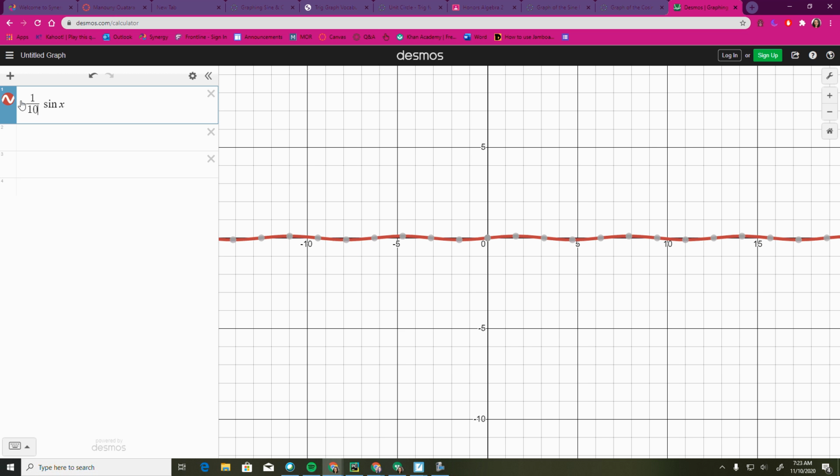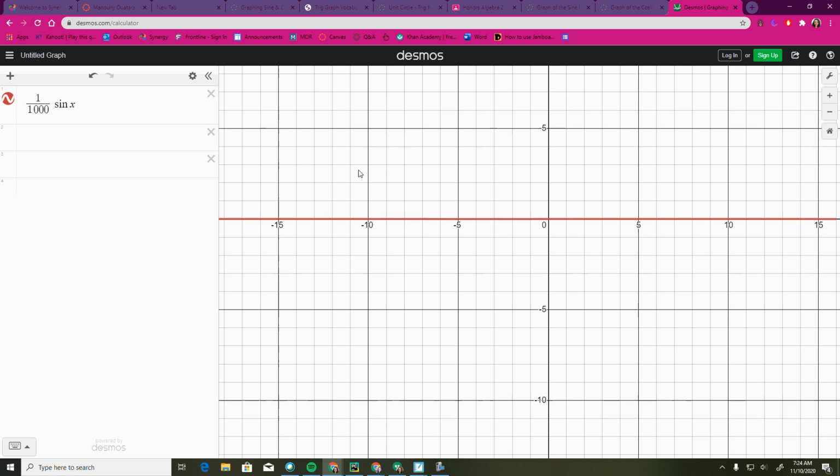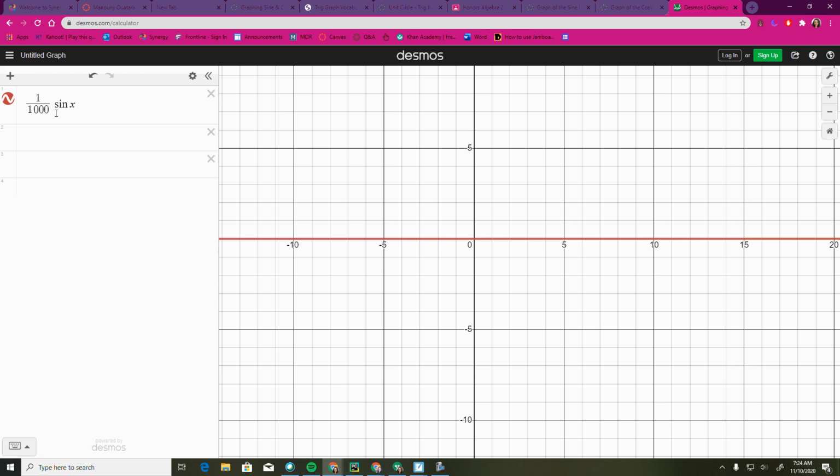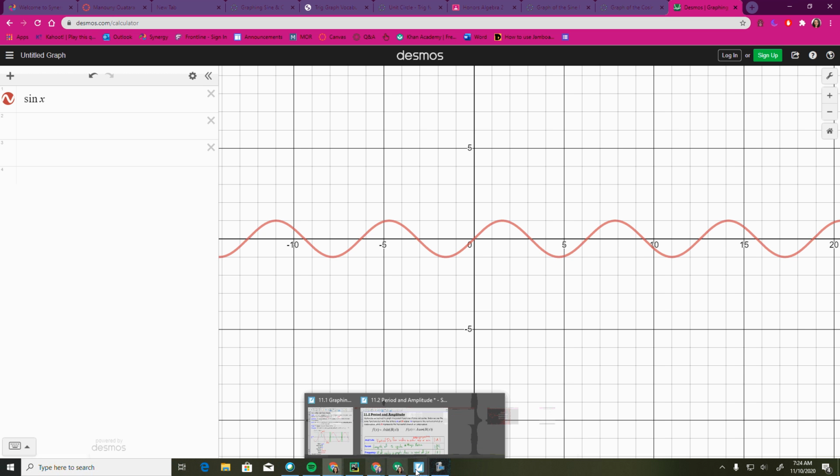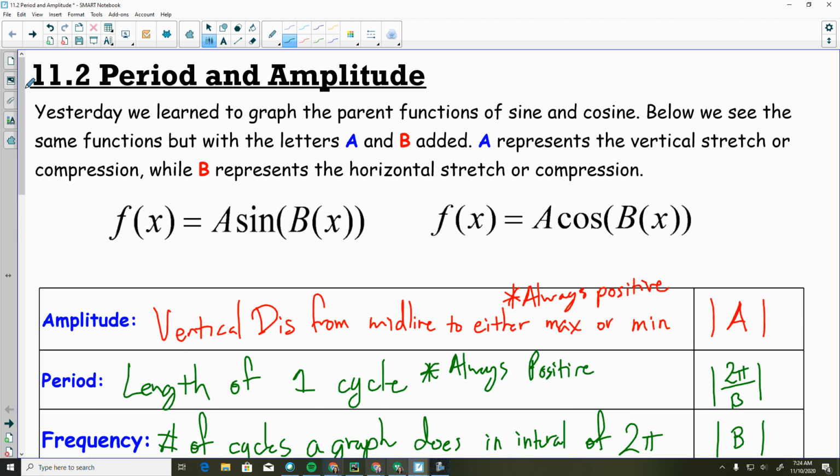Like if we put in a really tiny fraction, like 1/1000, it almost looks like a straight line, like it just flatlines completely. It becomes so compressed. Same thing happens with cosine if we were to dive a little bit closer into cosine as well and add an A and B to them.